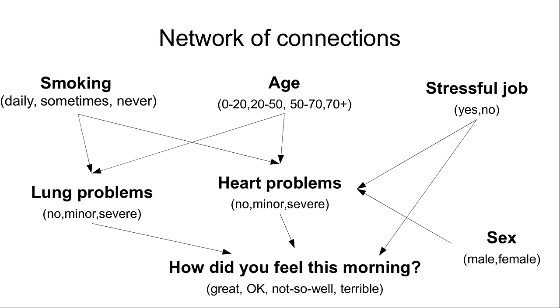But most of those arrows, if you think long enough about them, are not as easy to draw as you think. So for example, let's take this stressful job leading to heart problems. It's actually shown scientifically that having extensive exposure to stress can cause you problems. But then once you have those problems, you're more likely to change your job to something less stressful, right?